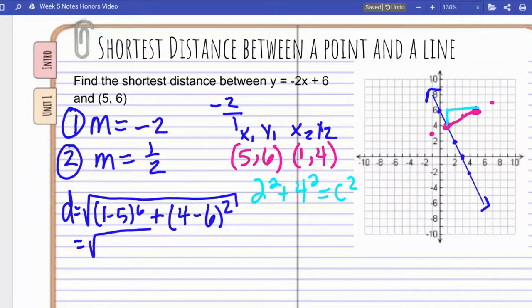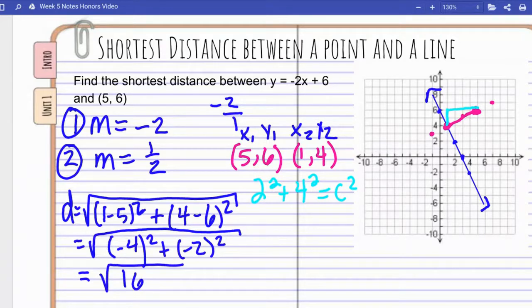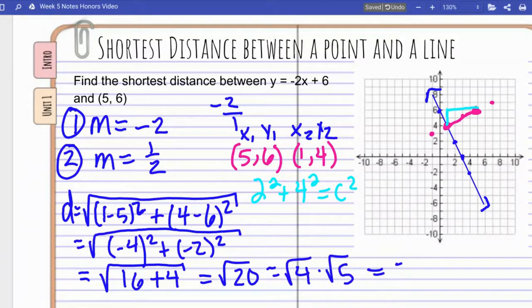That equals the square root of negative 4 squared plus negative 2 squared, which is the square root of 16 plus 4, which is the square root of 20, which equals the square root of 4 times the square root of 5. So the distance is 2 square roots of 5 in simplest radical form.